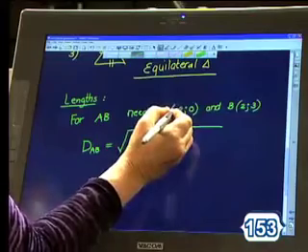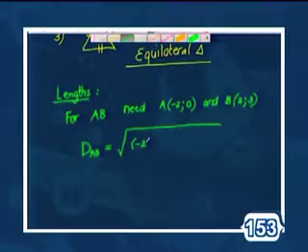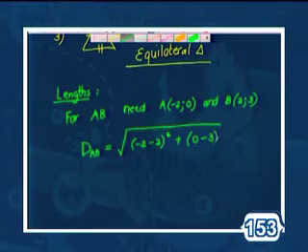So remember it says x at A, which is going to be -2, subtract x at B, which is going to be 2 squared, and then the formula says y at A, which is 0, subtract y at B, which is 3, and we're going to square that. Now, that is not difficult, as I said before.